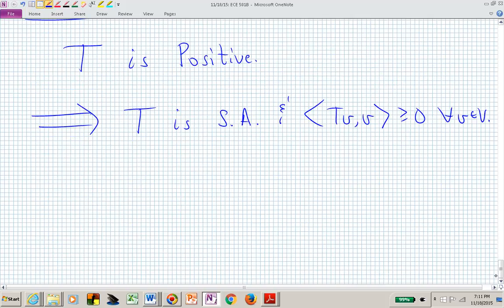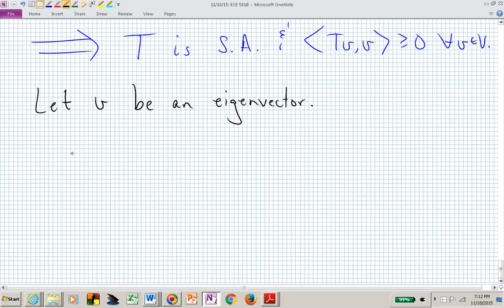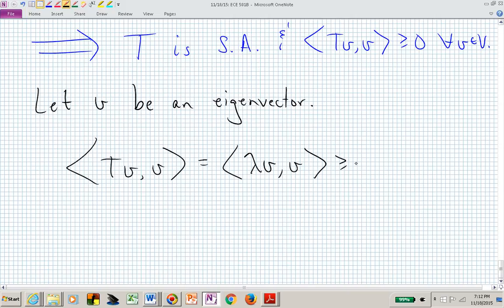If that's the case, then let's select an eigenvector. Let V be an eigenvector. If V is an eigenvector, then <TV, V> is equivalent to <λV, V>, but we already know, since T is positive, that TV, the left-hand inner product, is greater than or equal to 0.